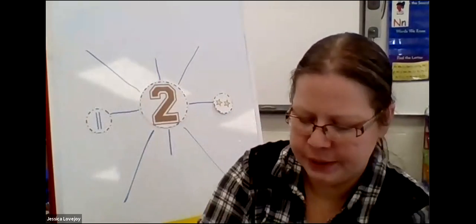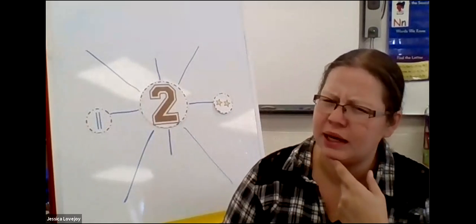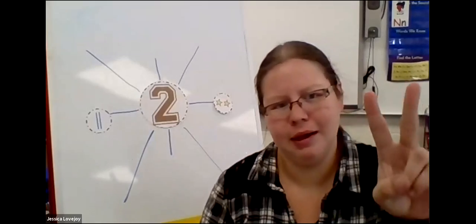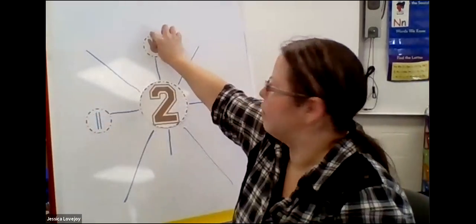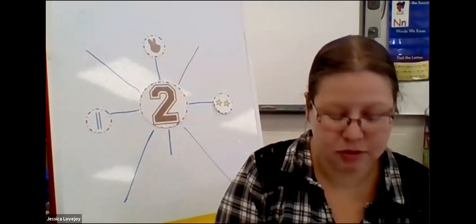Let's see. What's another way that he showed 2? Yep, you can use your fingers. 1, 2. Now this one was a little different than what he did. My domino.